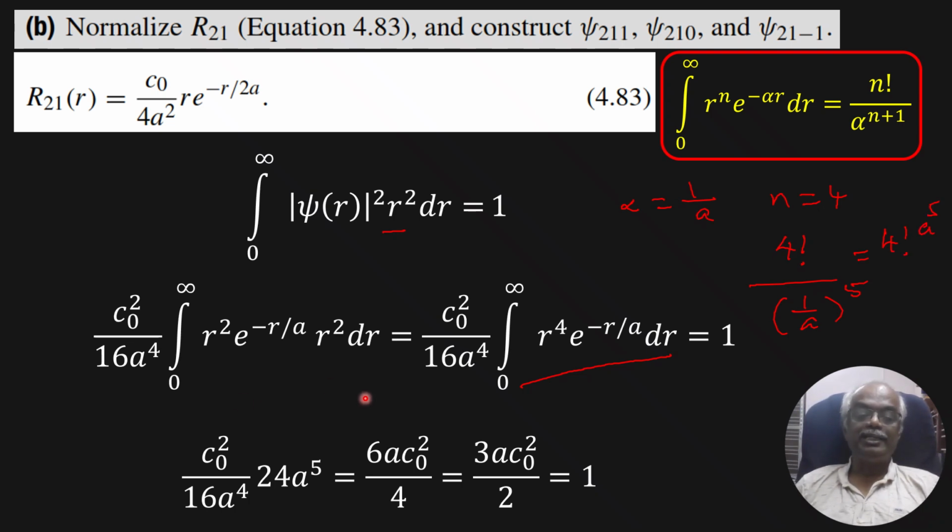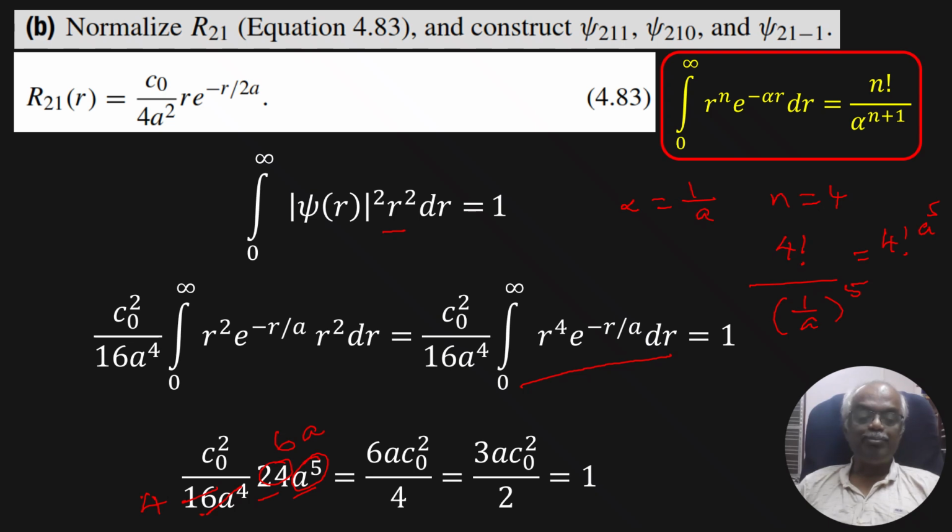Here 4 factorial is 24 and you have a power 5 in this integral value. Now you can cancel this a power 4 with this a power 5, so this will just become a. Also, 24 over 4 becomes 6, so you can write 6a c naught squared, with 4 over 4 here.